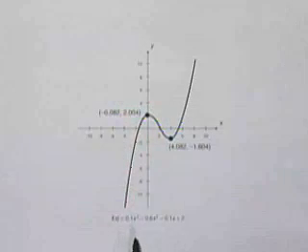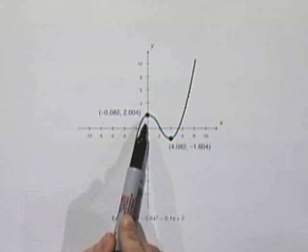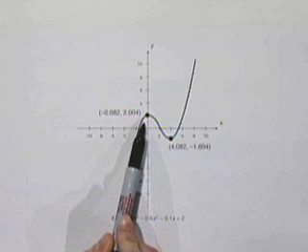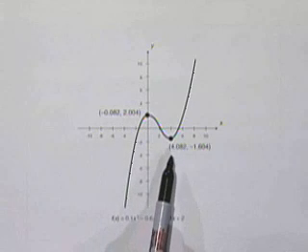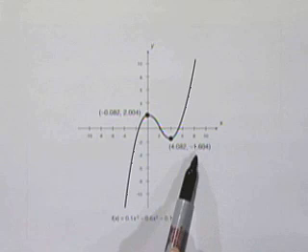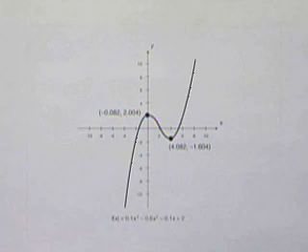Here's the graph of the function f of x equals 0.1x cubed minus 0.6x squared minus 0.1x plus 2. And we see that we have two extreme points. We have an extreme point at negative 0.082, comma 2.004, and we have an extreme point at 4.082, negative 1.604.